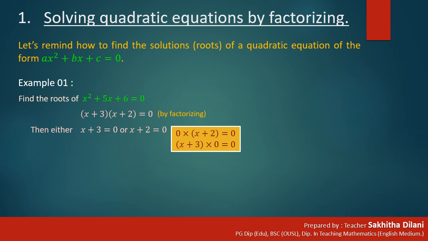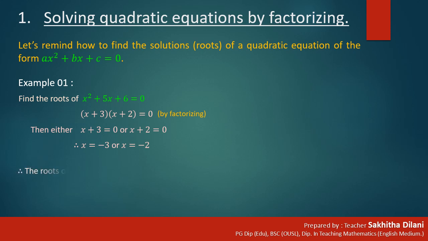Now you have to make x the subject of these two simple equations. Then x equals negative 3 or x equals negative 2. Thus, the roots of the equation are x equals negative 3 and x equals negative 2. Let's see another example.